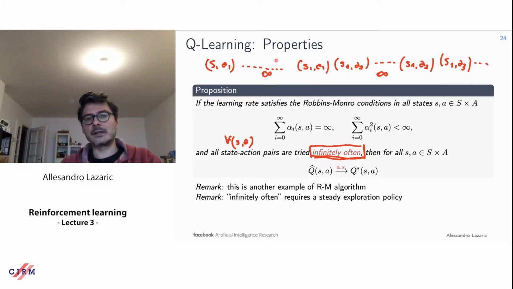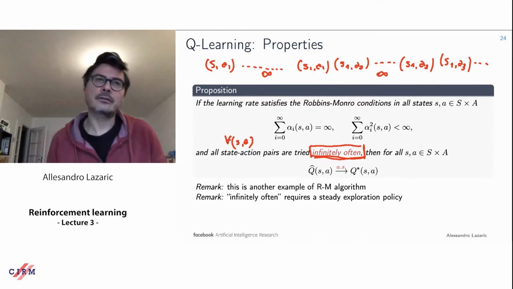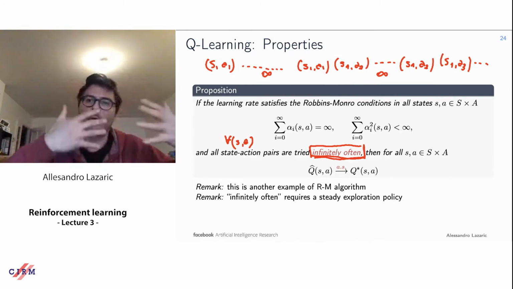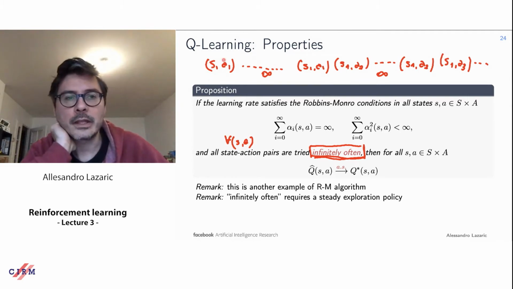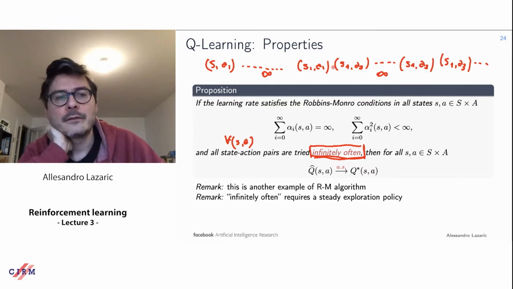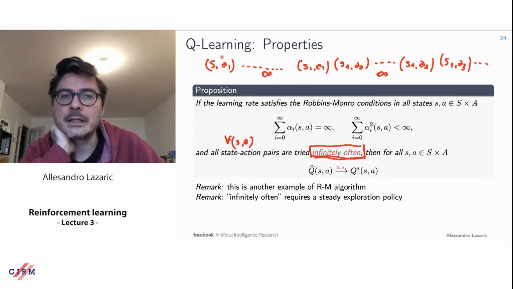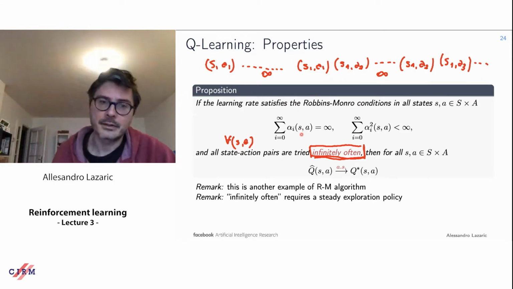Infinitely often means that the sequence with which I observe states and actions is interleaved one with the other. So basically, there's no starvation, because if I infinitely observe this one and then I never observe that one, it means that I will not update it anymore, and then the algorithm is not convergent.